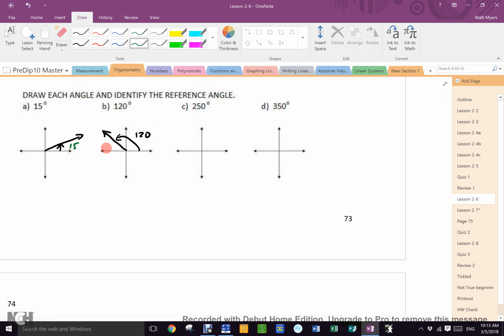What's reference? 60. 250 down here. What's theta? 250. What's reference? 70. And 350? Theta is 350. And reference? 10. Everybody good?